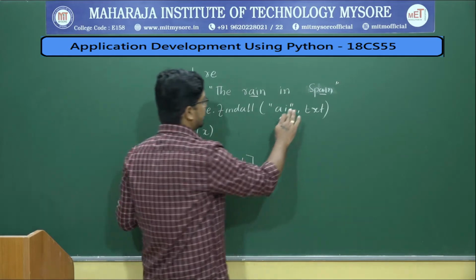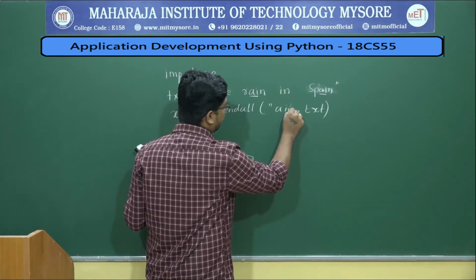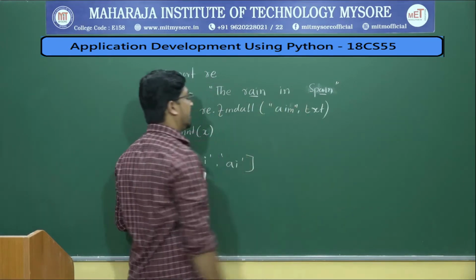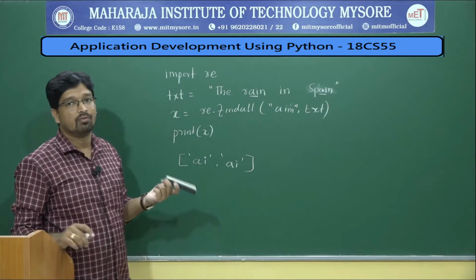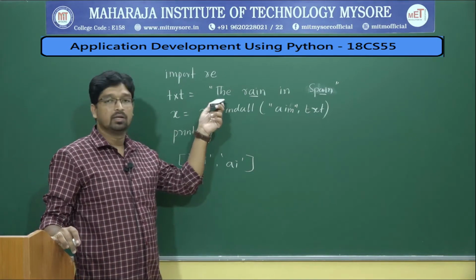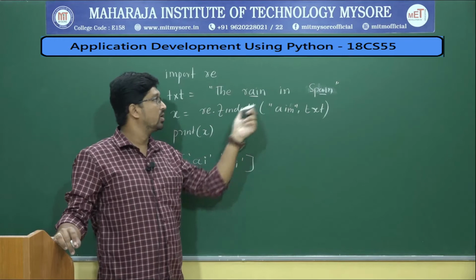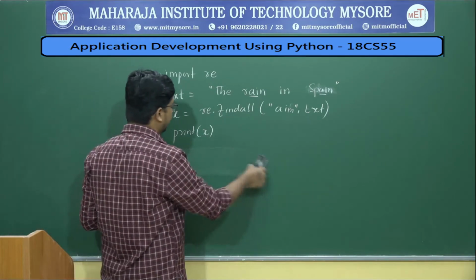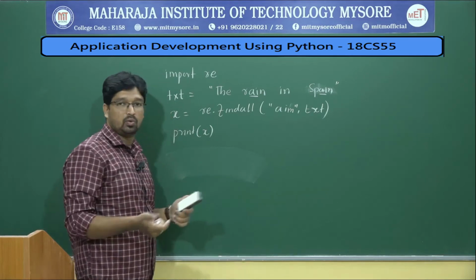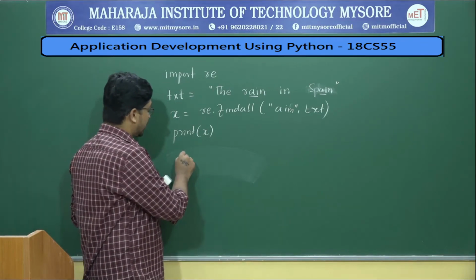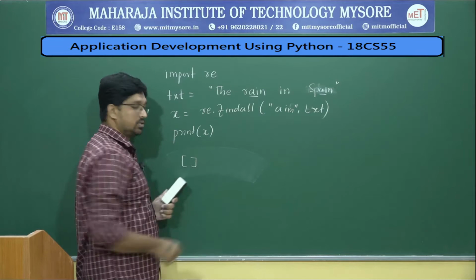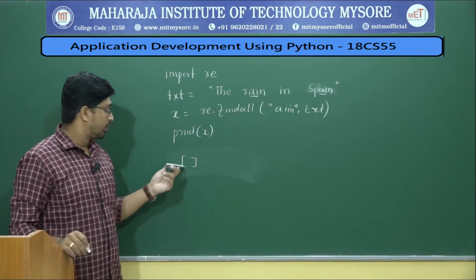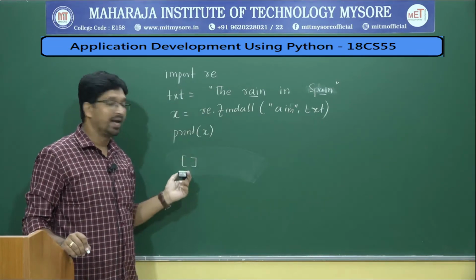Let us consider searching for "aim". Is there any word called "aim" here? No, there is none. So you will not get any error, but the result will be an empty list.